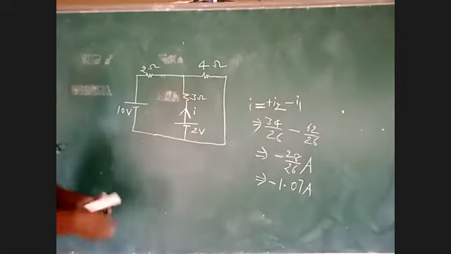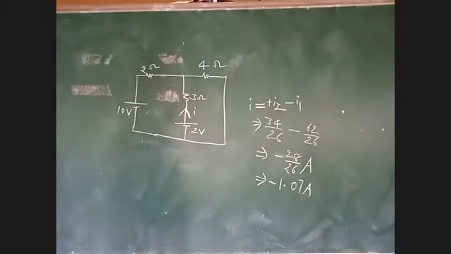Again, draw the circuit one more time. We'll verify it. We have to get the same answer in nodal analysis also for the I value. For nodal analysis, draw the circuit.